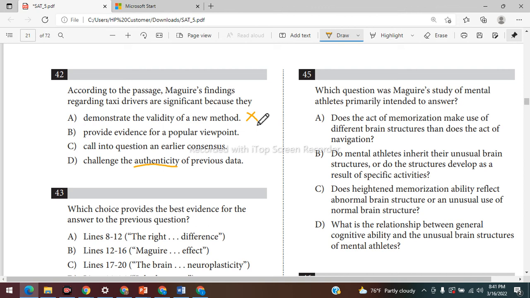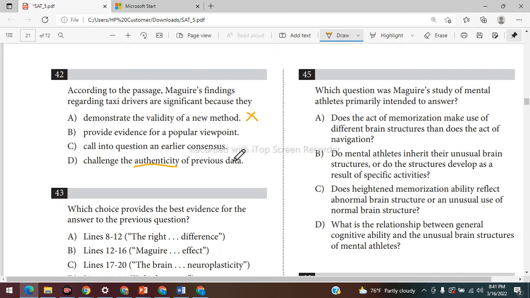D, I think D. D is close, I ain't gonna lie. It's either D or C. D is close, but it's either D or C. D is so close, man.